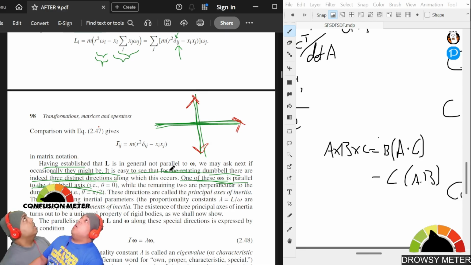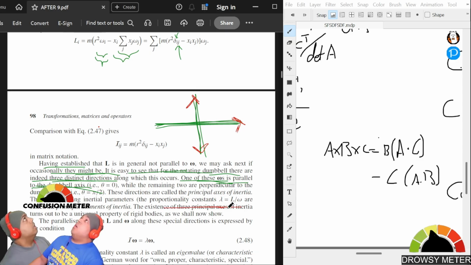These directions are called the principal axes of inertia. The corresponding inertial parameters, the proportionality constant lambda equal L and omega, are called the principal moments of inertia.